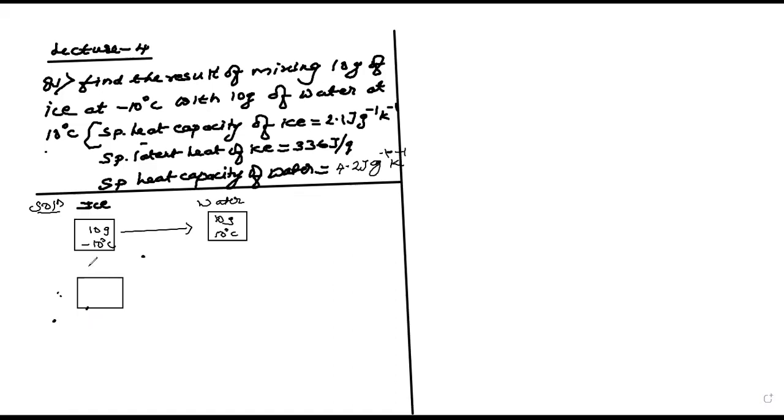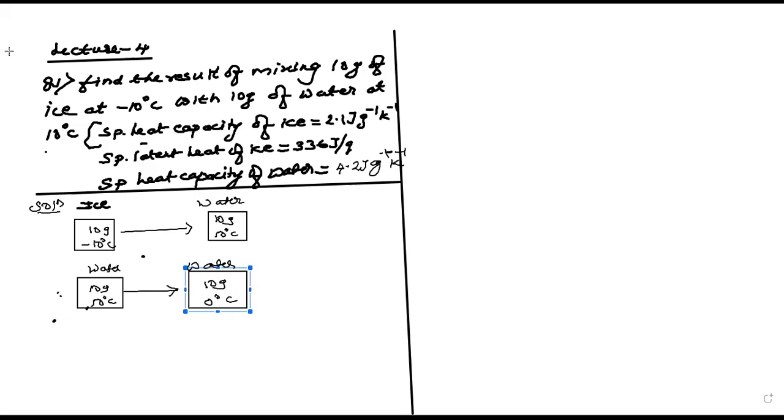This 10 gram of water at 10 degrees Celsius will get converted to, again, water itself, 10 gram, but the temperature can come to 0 degrees Celsius. So naturally, it can give out heat, so much of heat, okay?